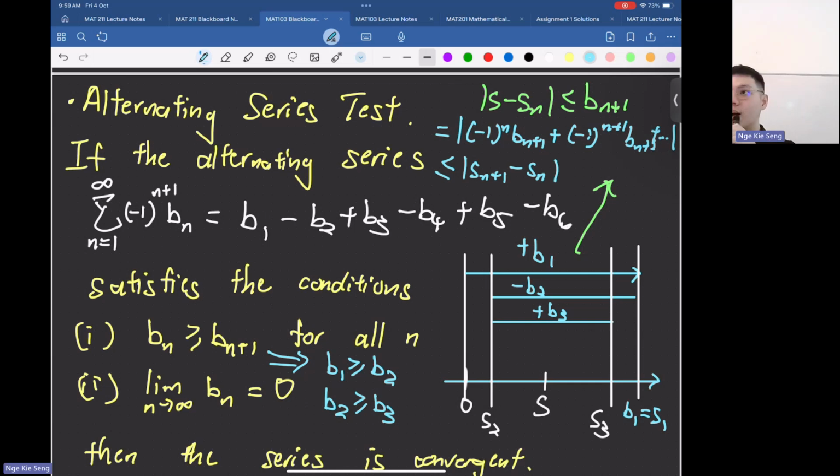Difference between two consecutive partial sums. You are left with the last term. So what's the last term here? N plus 1. Yes, so this is the key point here to see.